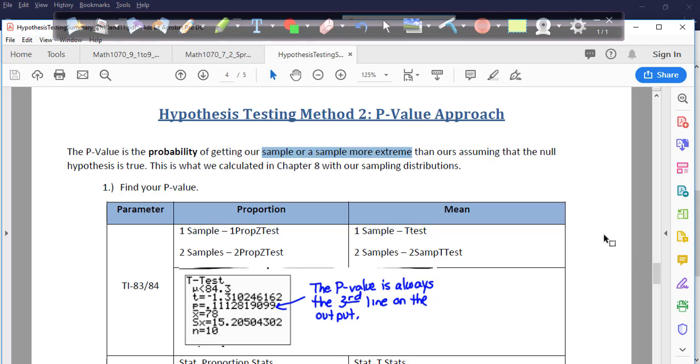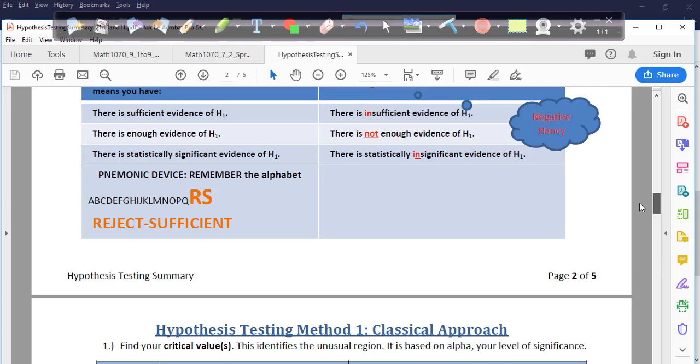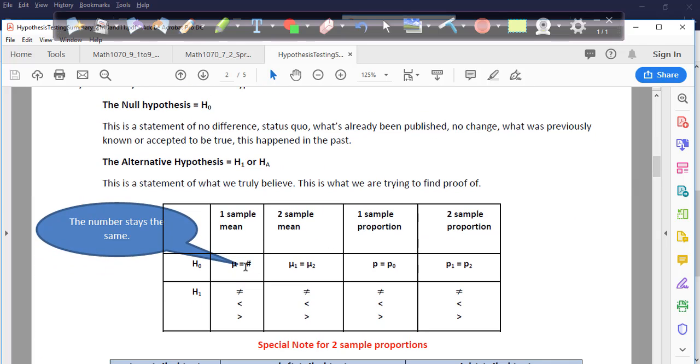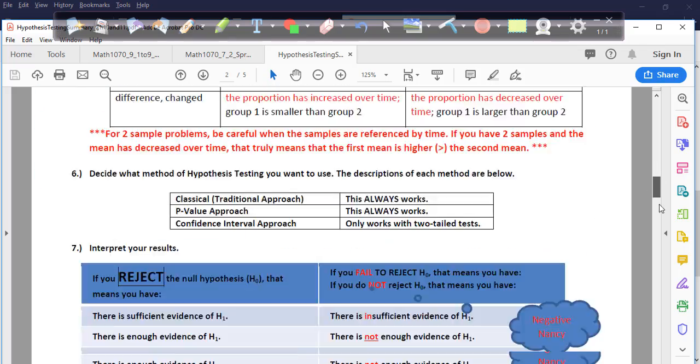So the whole process of hypothesis testing: somebody makes a claim about the population, we don't agree with it, we go out and collect our own sample, and we're trying to use our sample as evidence against the status quo, what's already been published. So we find the probability of getting our sample, assuming that the null hypothesis is true, assuming that the mean that is stated is the mean, or the proportion that is stated is the proportion.